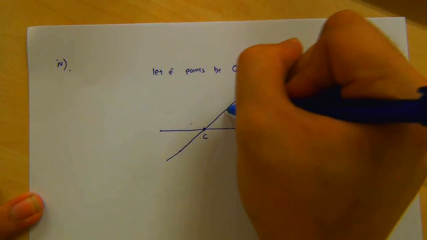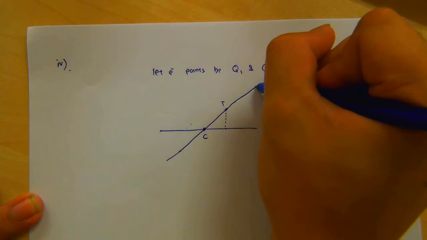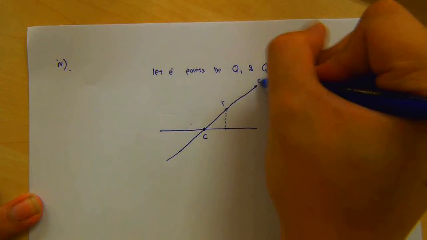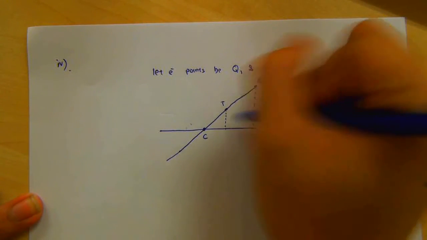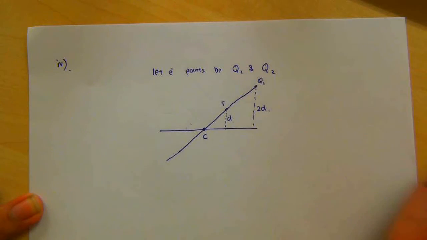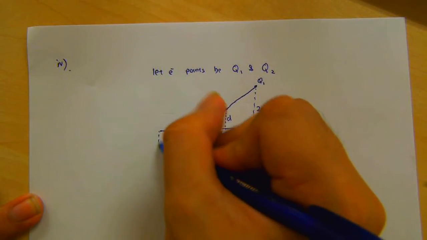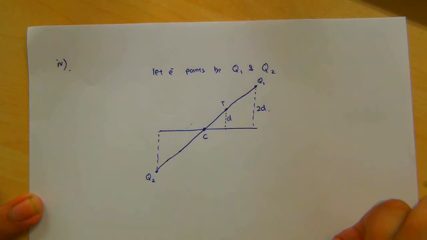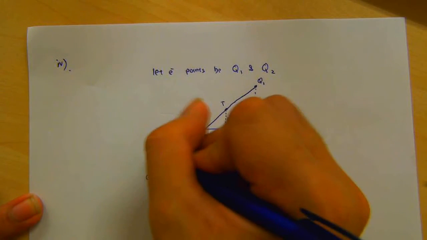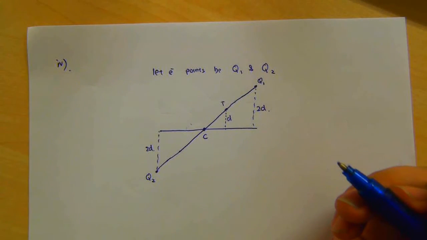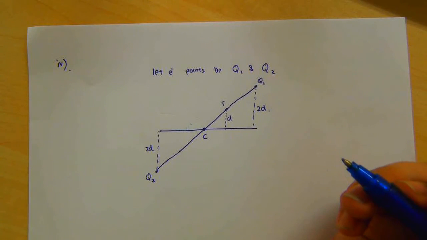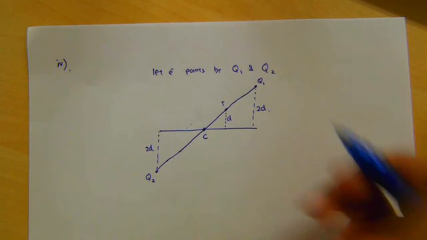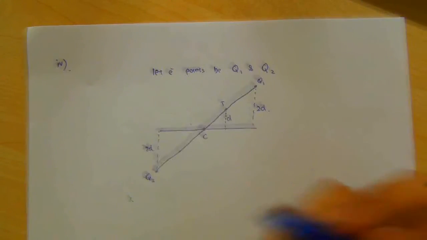So this will be point C, or point T, and Q1. Since the distance from T to P and Q to P is twice of one another, we can draw this, and Q2 will be on the other side. By similar triangles, it can be clearly seen that we can write down this relationship.